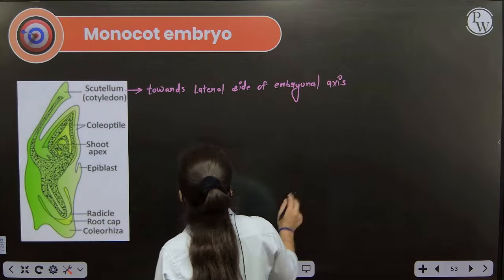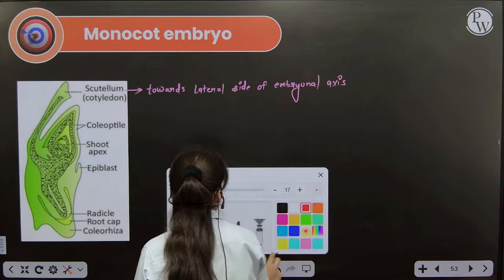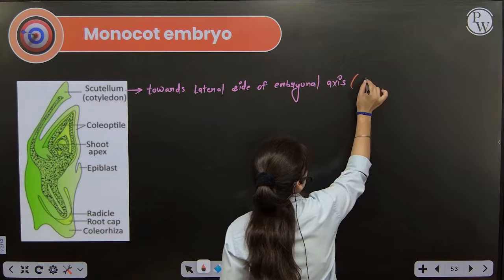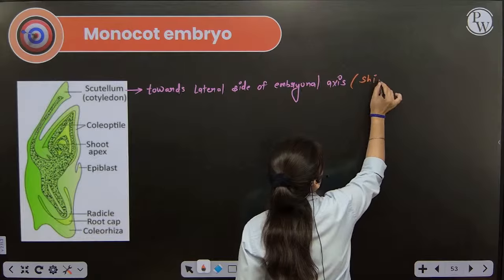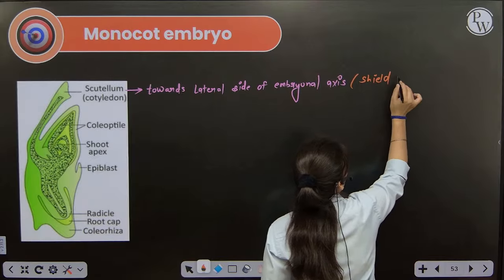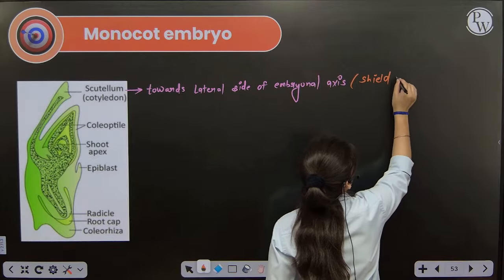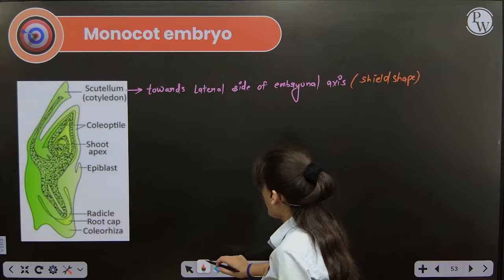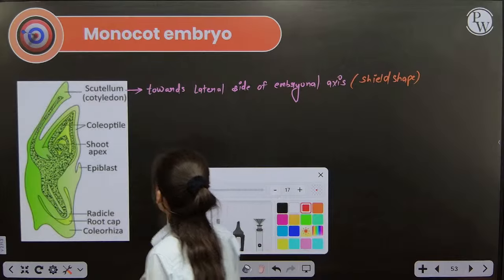What about the shape of scutellum? It has a shield shape. Mark this as very important. It is given in Morphology of Flowering Plants. It has a shield shape, and that one cotyledon is known as scutellum.